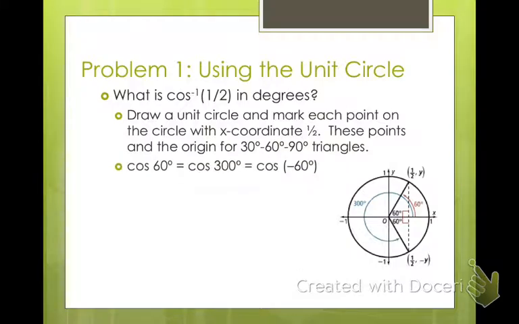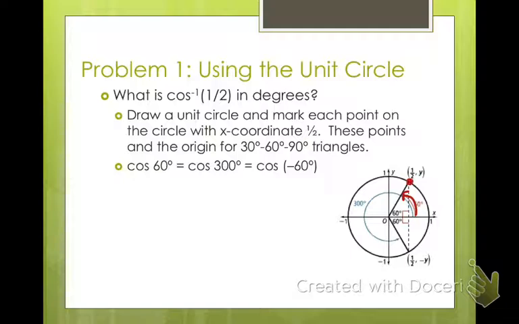Then we have to determine the two different places for those values. So we have cosine of 60 degrees, which is here.